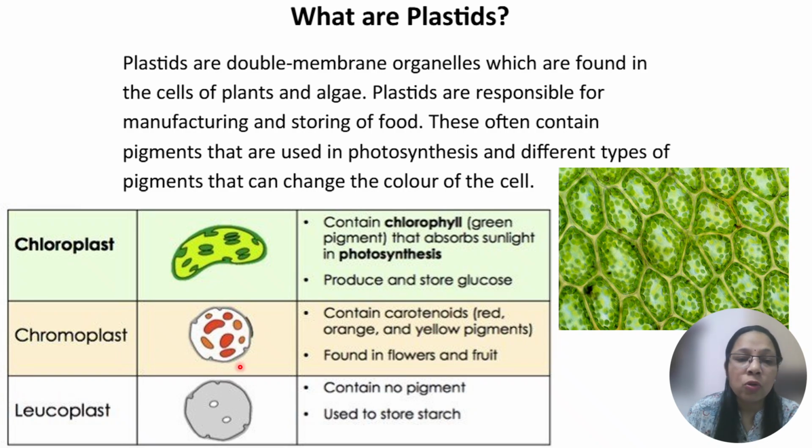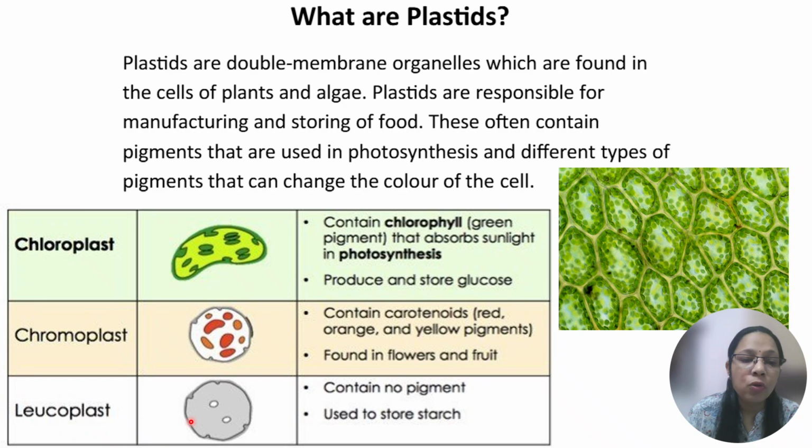Therefore these chromoplasts are plastids, again double membrane storage sac-like structures, which contain colorful pigments, carotenoids, orange, yellow, red, and thus they impart color to the cell and thus to tissues. Therefore whenever we see a red flower, that means that the flower cells contain red carotenoid in chromoplast, right? Therefore the function of this chromoplast is to give color to flowers and fruits.